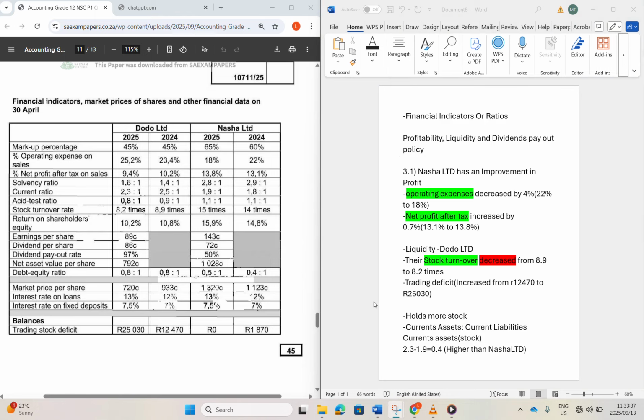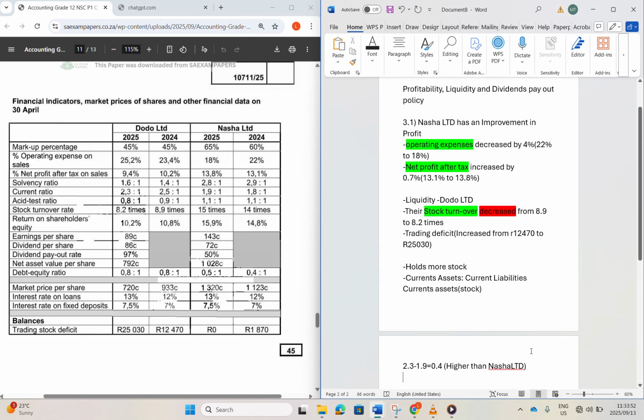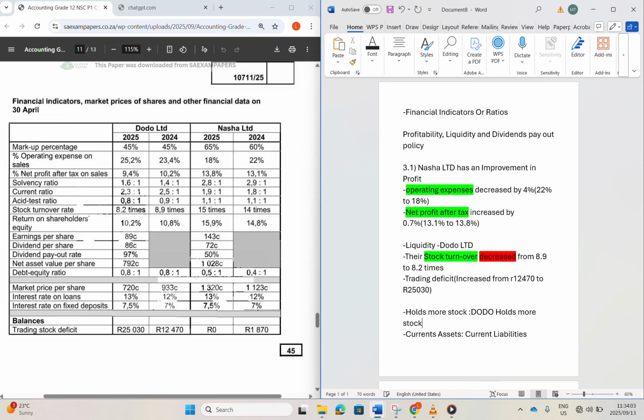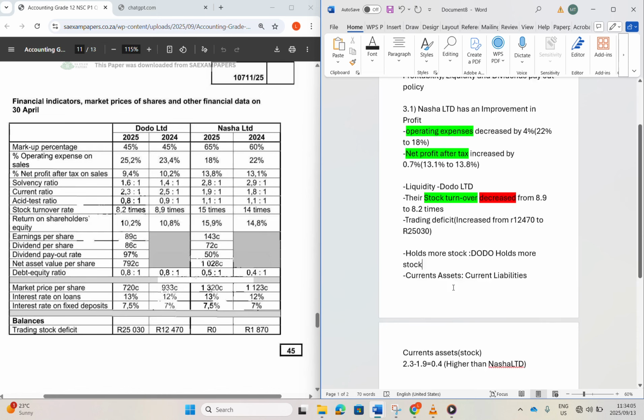And even if you compare their stock turnover rate, Nasha changes stock 15 times and this one only 8,2 times, so this one doesn't hold more stock. So I think Dodo Ltd holds more stock. So the answer is Dodo holds more stock. So we are done with our liquidity ratio.